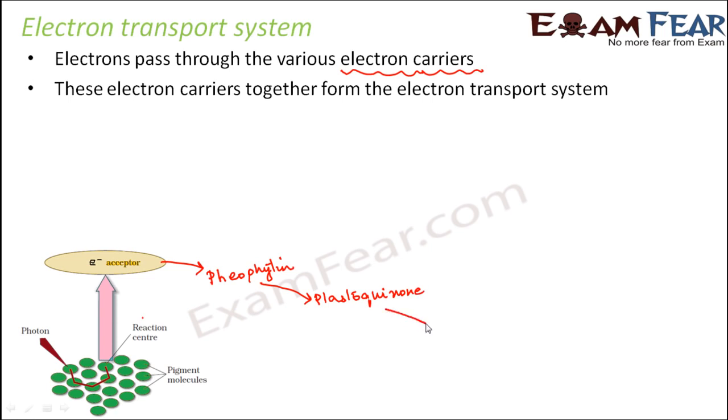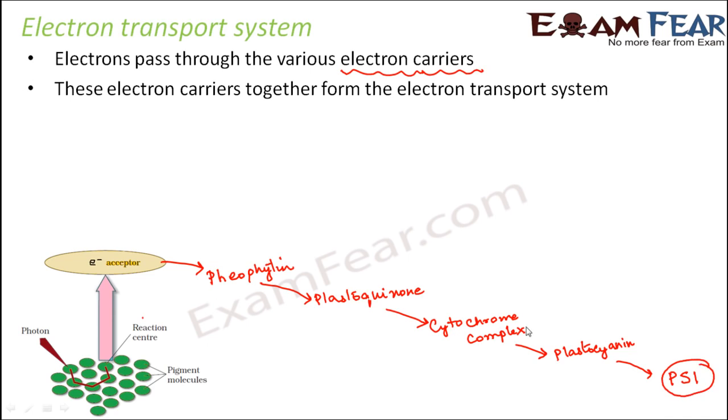From plastoquinone it passes to the cytochrome complex. And from this cytochrome complex, it passes to plastocyanin. And from plastocyanin, it reaches PS1, that is photosystem 1.